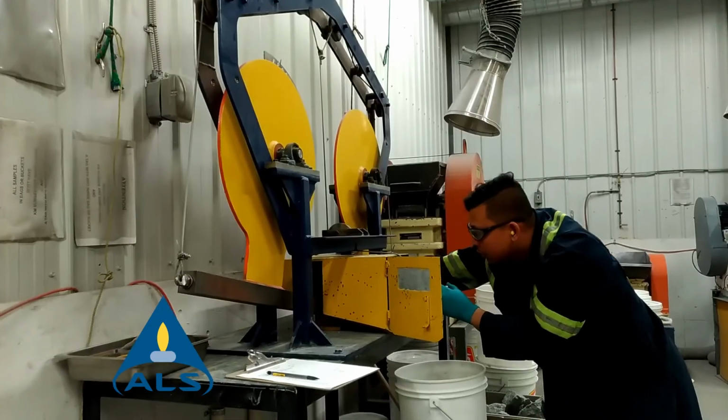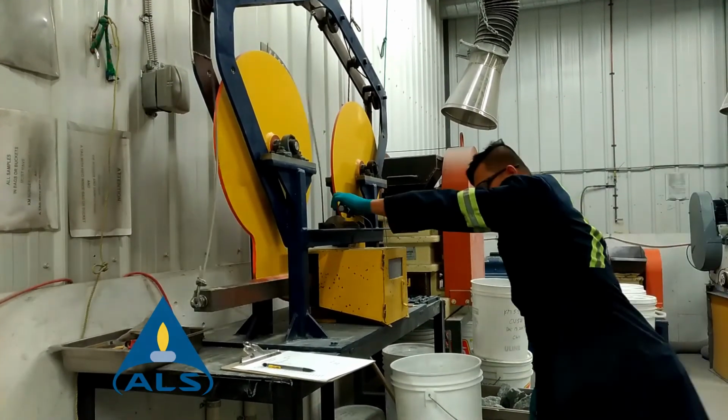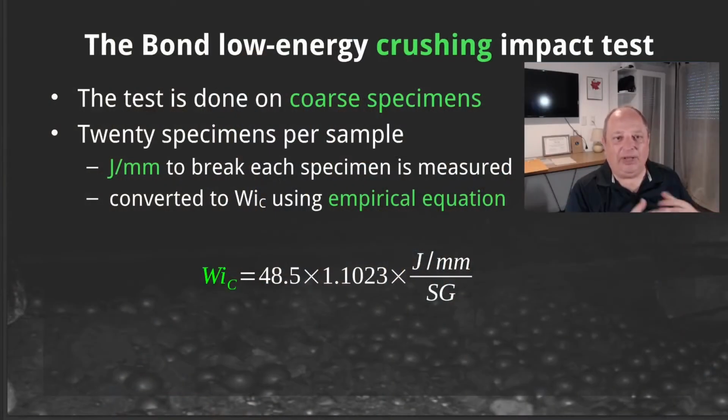Then you put the next specimen in, whack it until the rock breaks. Do that 20 times, and then you average the joules per millimeter of rock dimension that was needed to break each specimen. That gets plugged into an empirical equation to work out the WIC value.